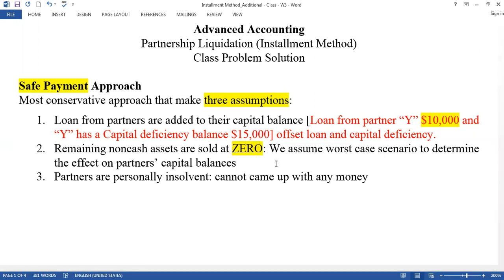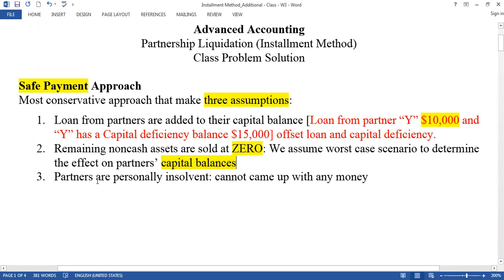It means that you are having a complete loss. So if we have this kind of loss, we allocate these losses to the partners' capital balances.